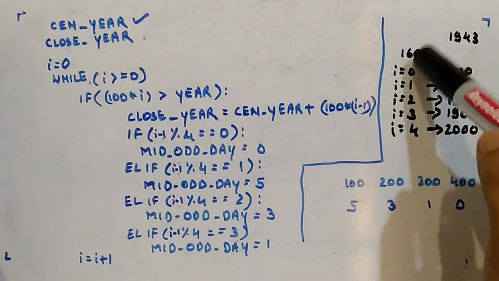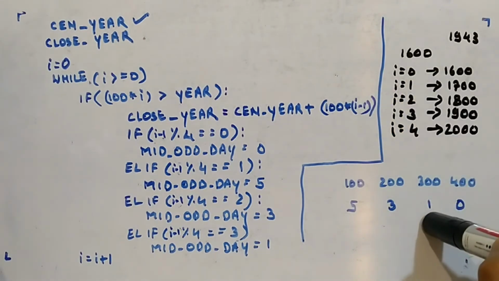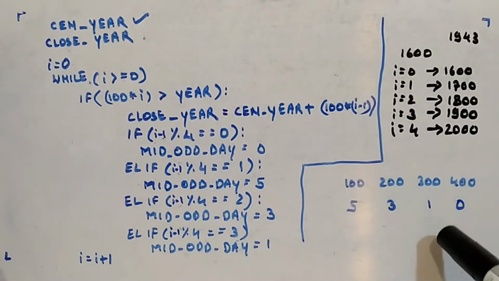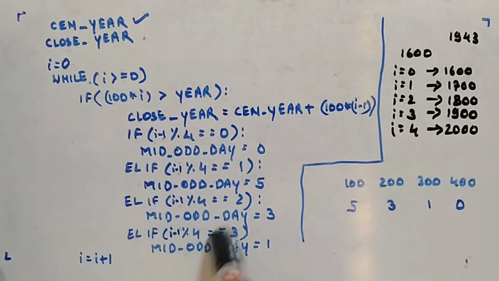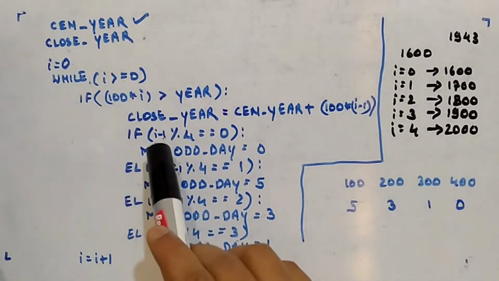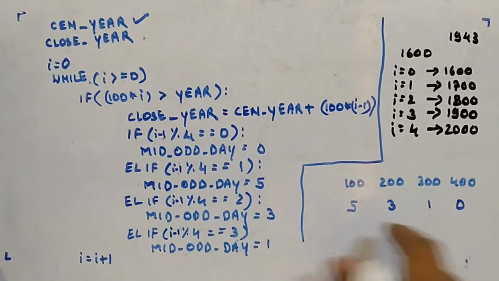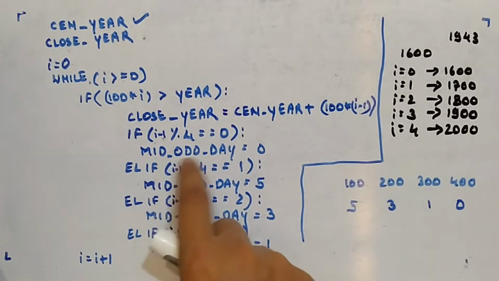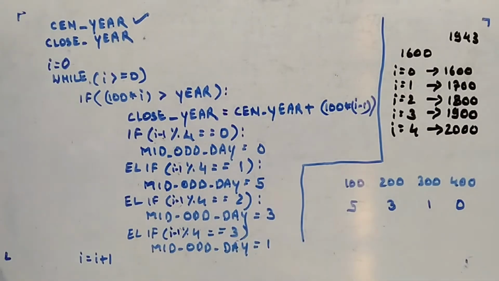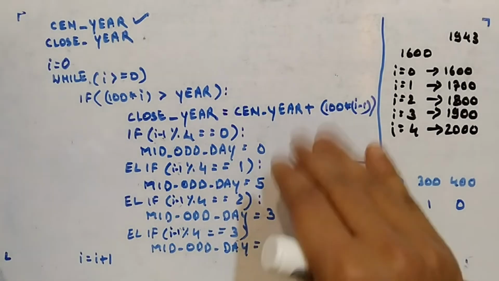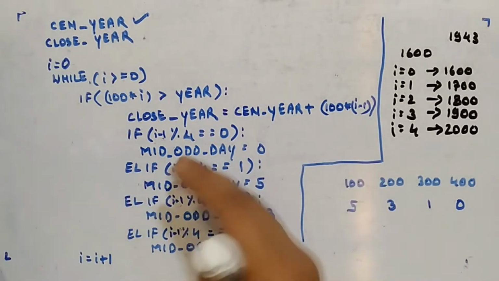So we have come 300 extra, so 1 odd day we have to store. These four conditions are checking that. If i minus 1 modulo 4 is equal to 0, then I write the odd days in mid odd day. It's the middle program, that's why I have written mid.